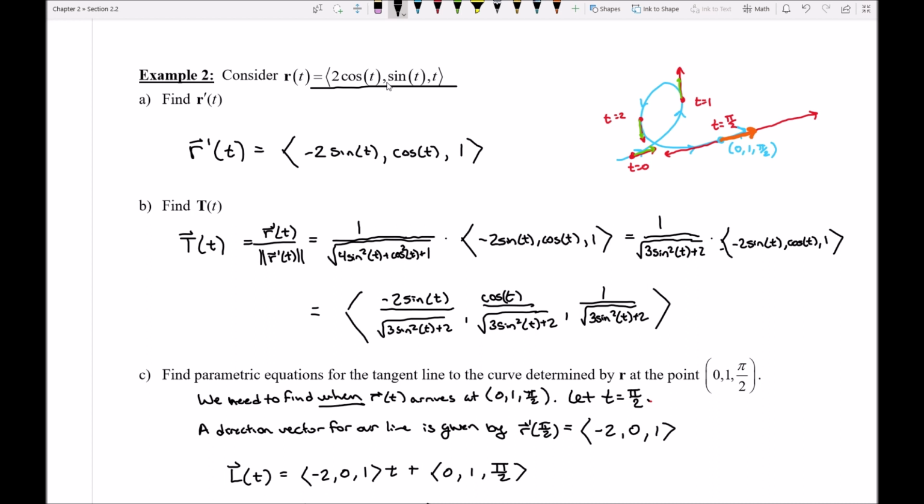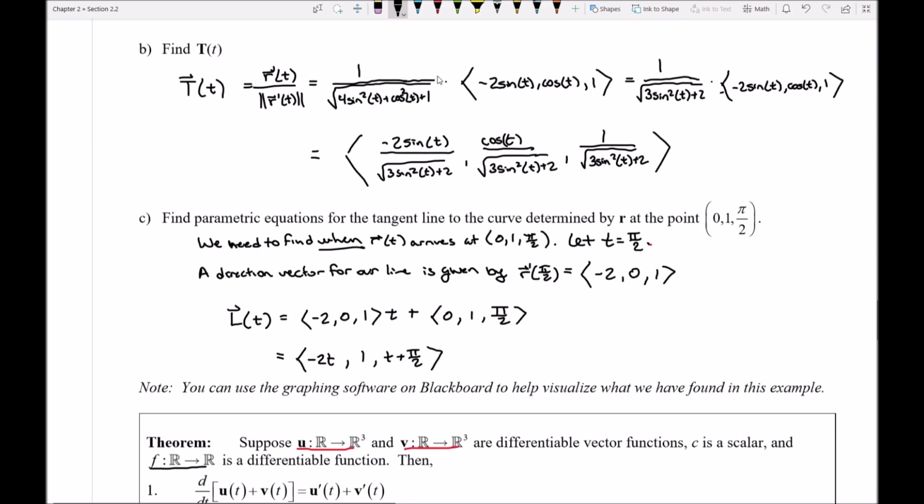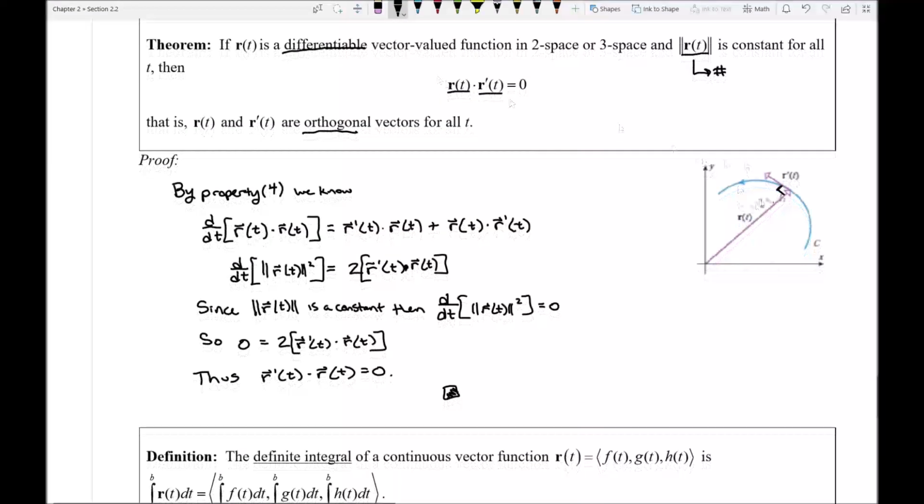And if I was to calculate the norm of this, there's no way I'm going to end up with just a single number. I'm going to get something similar to what we got here, which is going to be like a square root of a trig function squared plus a t squared now. And there's no way that that's going to be constant. And since that's not constant, I don't really expect to see that 90-degree angle in there. However, if I did have something that was constant, I would expect to see a perfect right angle.